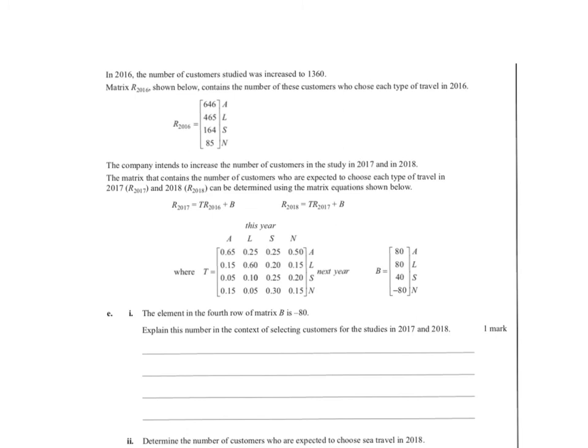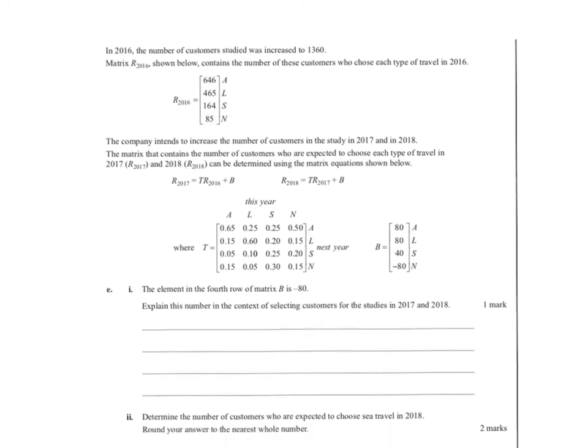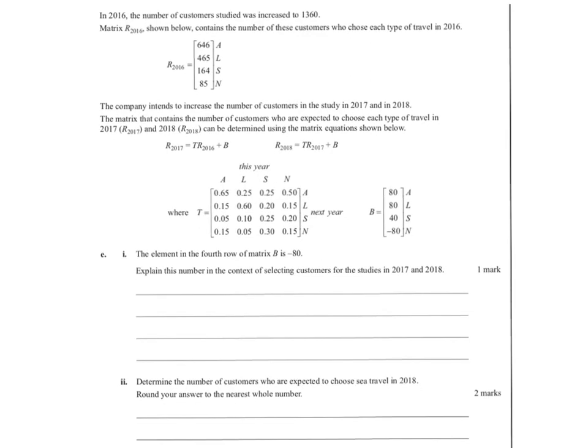The company intends to increase the number of customers in the study in 2017 and 2018. The matrix that contains the number of customers who are expected to choose each type of travel in 2017 and 2018 can be determined using the matrix equations below.